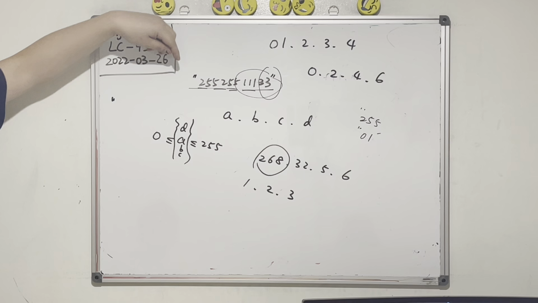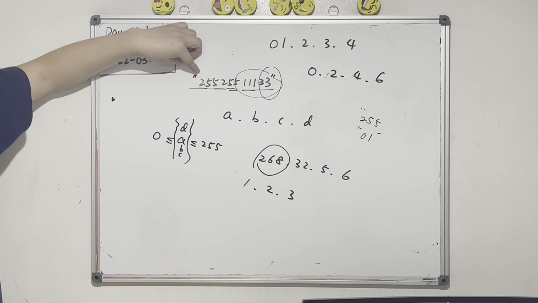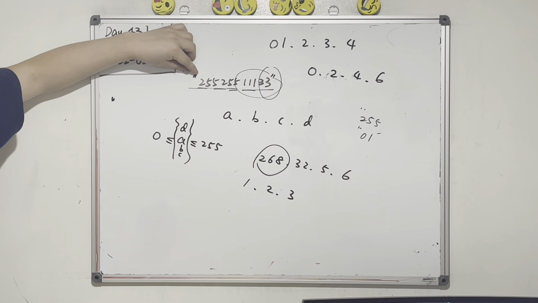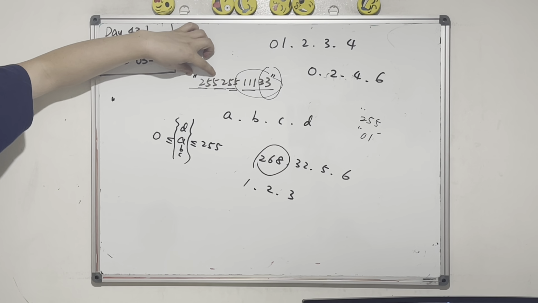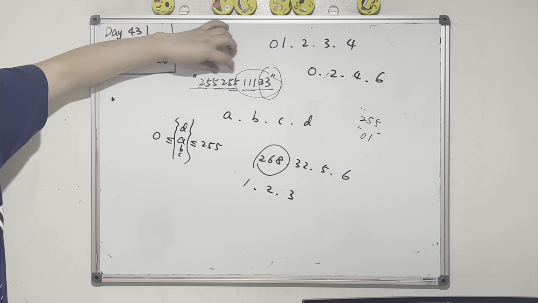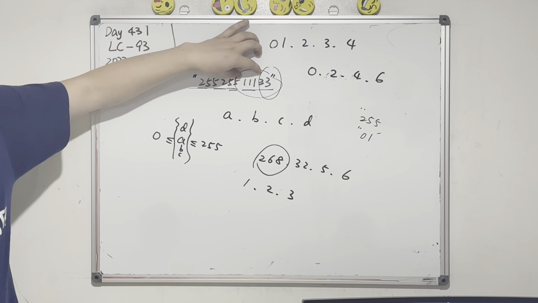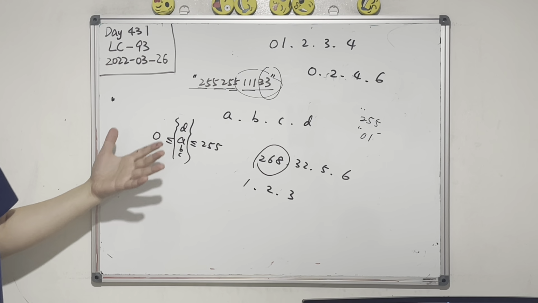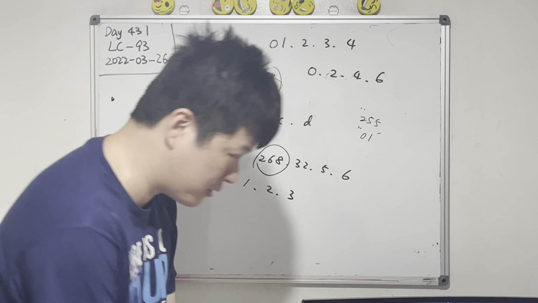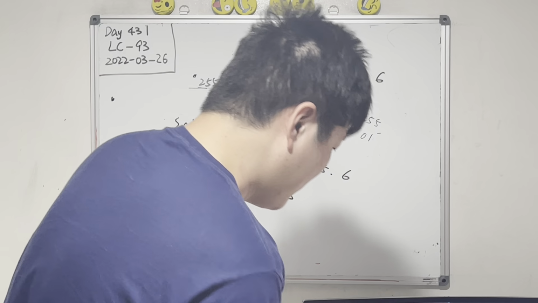Okay, so our approach: we can do depth-first search with backtracking. We try the first digit, then the next digit, then jump to the next, until we use all the digits.